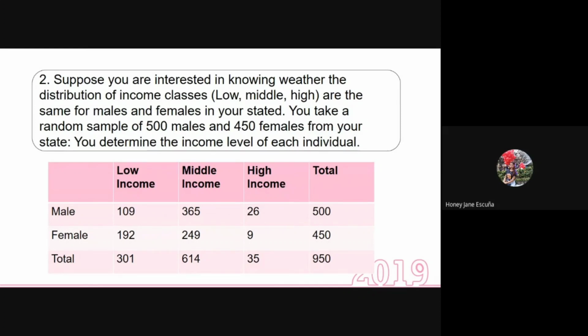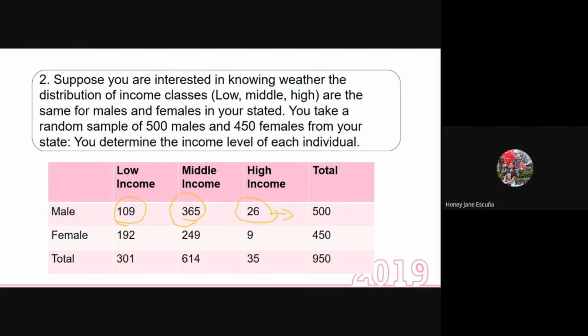You take a random sample of 500 males and 450 females from your state. You determine the income level of each individual. As shown on the table, we have 109 samples of male in our low income, 365 samples of males in our middle income, 26 samples of male in our high income.